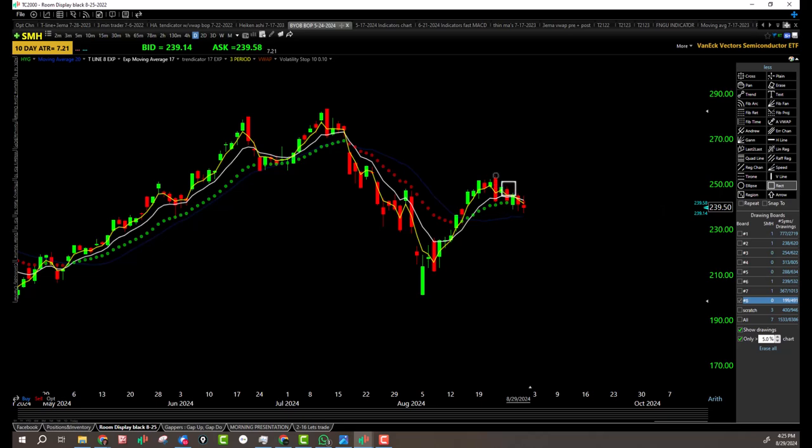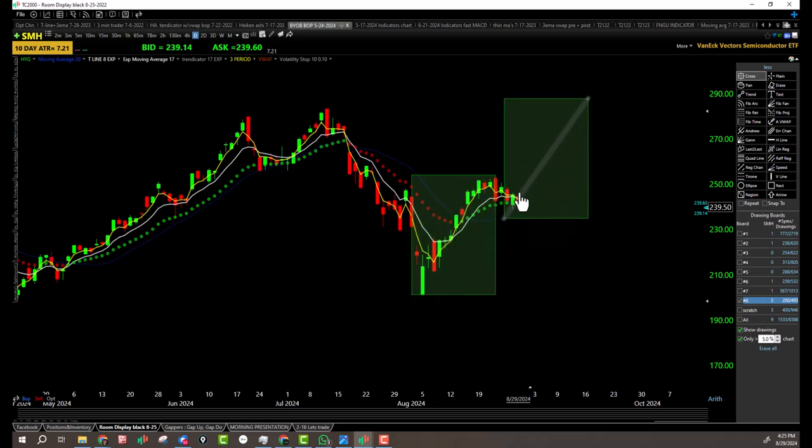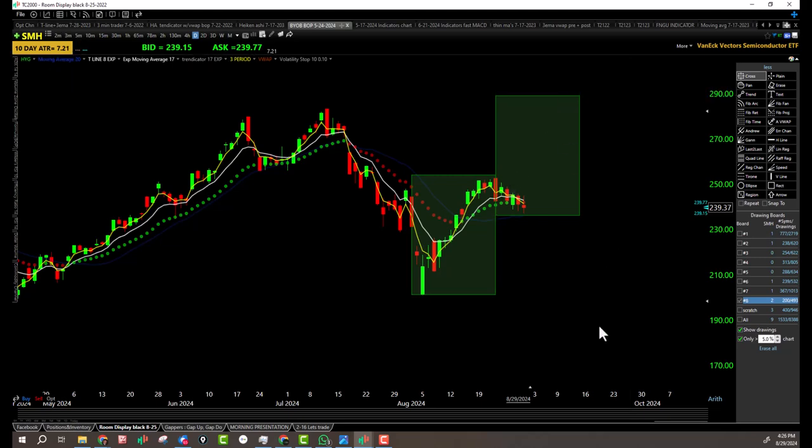Take it from the top down to the bottom here, and then we're going to duplicate it. Here we are, duplicate. These are only theoretical targets up here. There's a theoretical target up here, which is 289.08 on SMH right there.